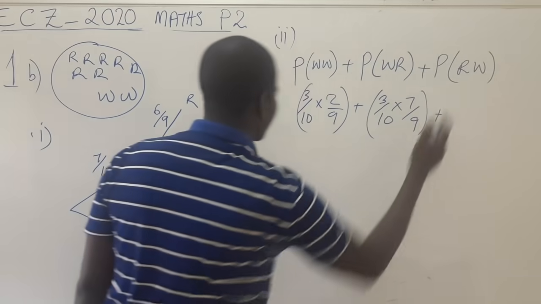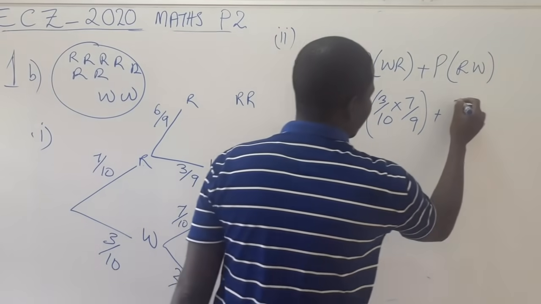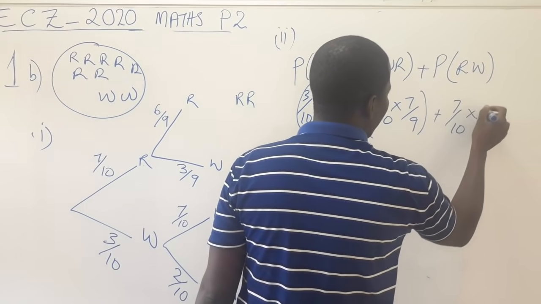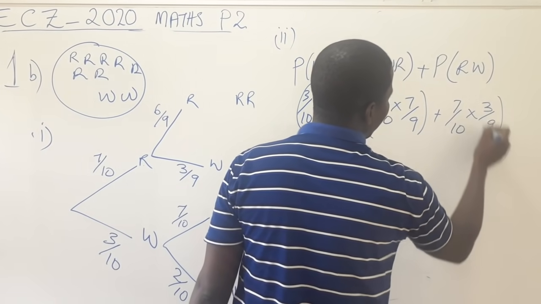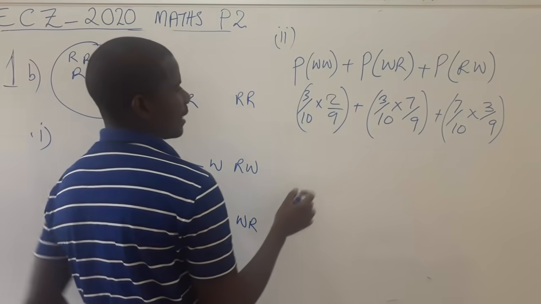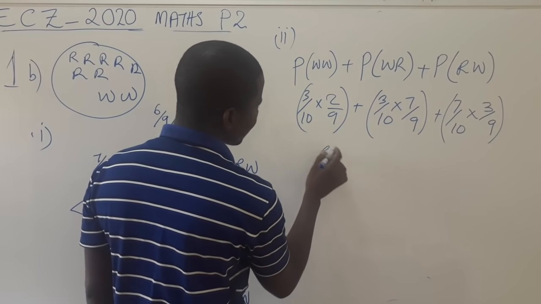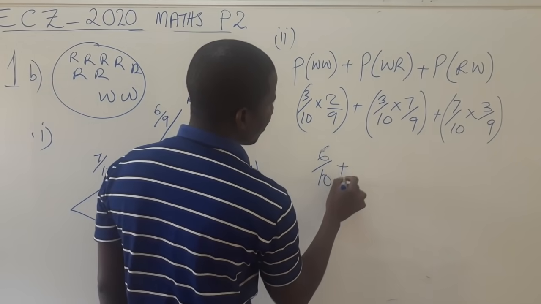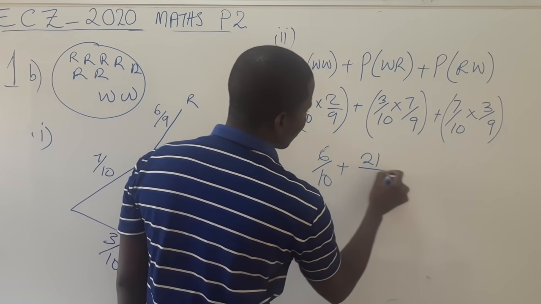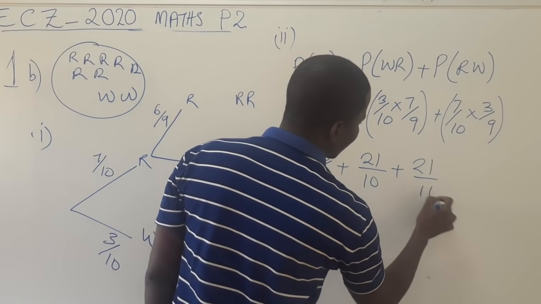Plus the probability that the first one is red, it's 7 over 10, and then the second one is white, 3 over 9. Then we simplify this. What are we getting? We're going to get 6 over 90 plus 21 over 90 plus 21 over 90.